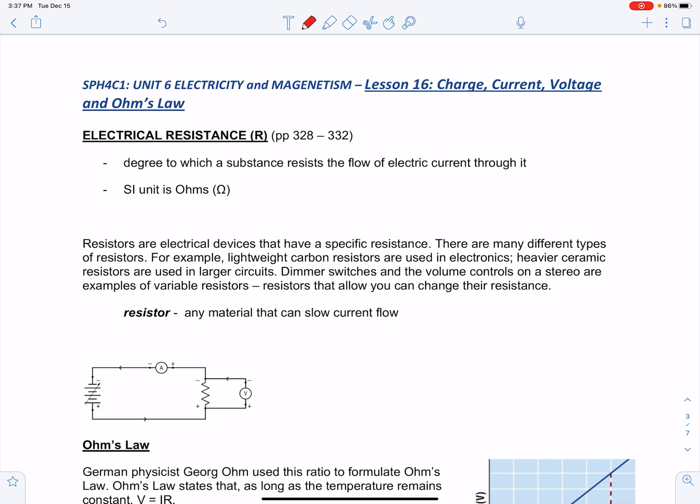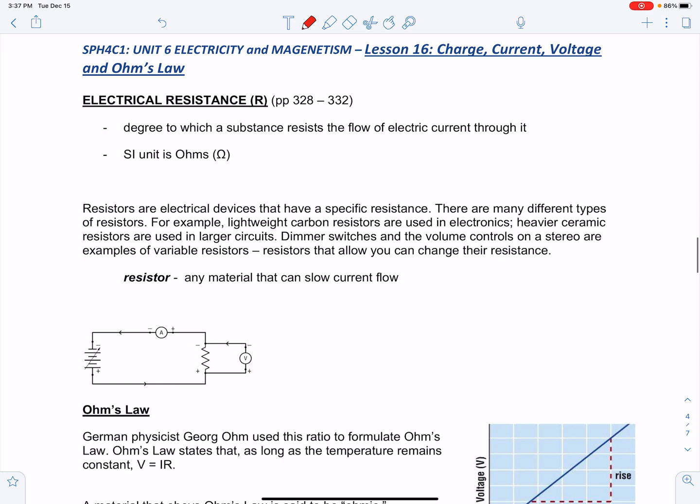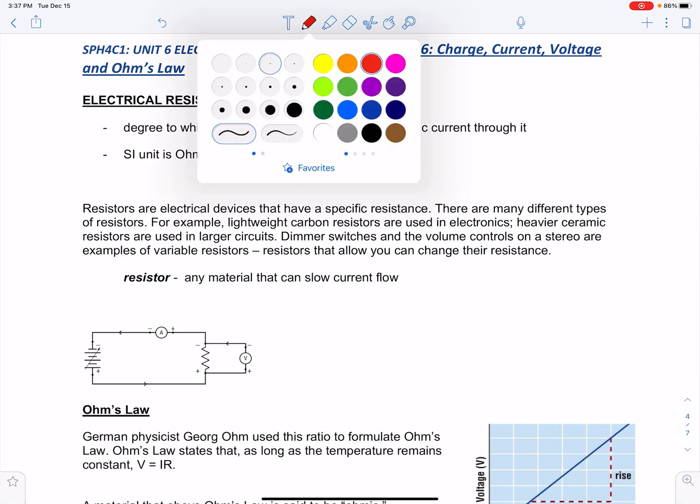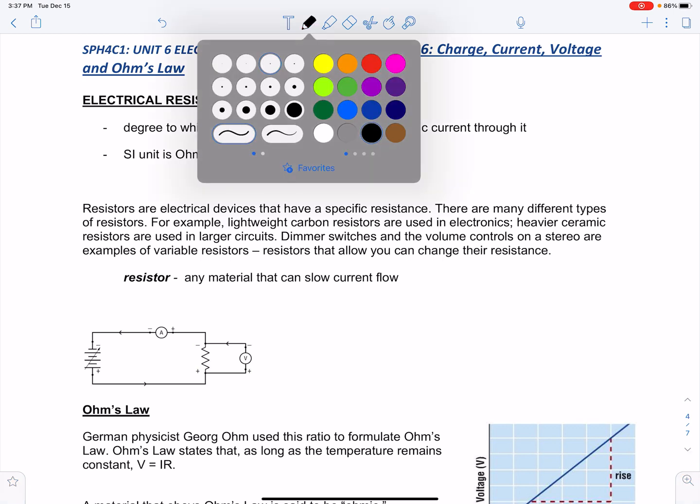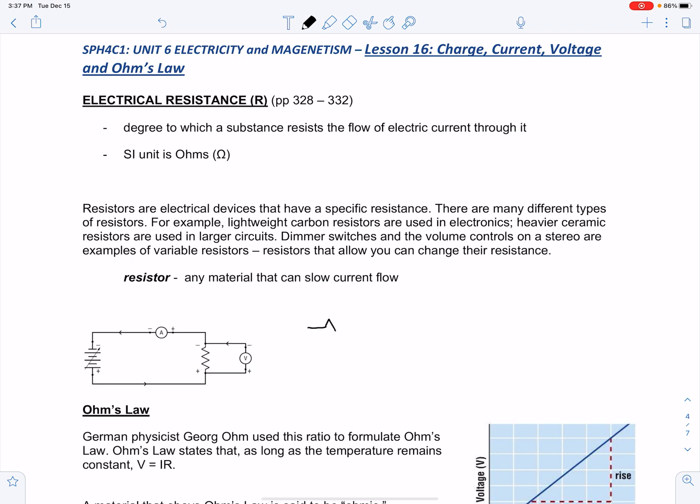A resistor is defined as any material that can slow the flow of electric current. And the circuit symbol for a resistor looks like this. Looks like a zigzag pattern.